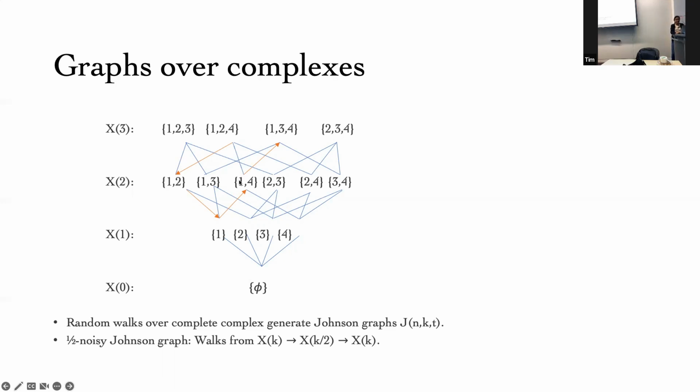And if you want to intersect in k by 2 elements, you go down k by 2 levels and go up k by 2 levels. So instead of viewing just edges between the top level, it's very useful to view these edges as actually generated from these random walks that go up and down a complex.